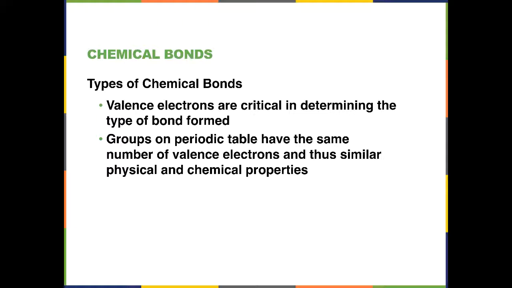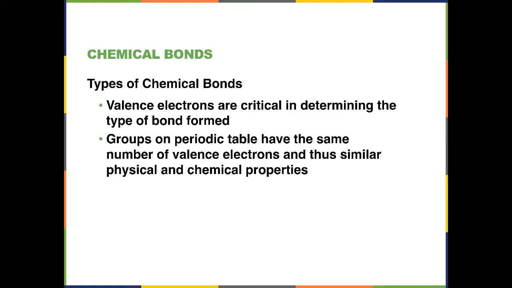So when you go from group 1A through group 8A, excluding the transition elements, if you're in a group 1A element, then you have one valence electron. Group 2A elements have two valence electrons. Group 3A elements, such as aluminum, have three.